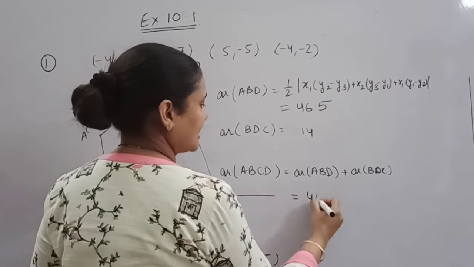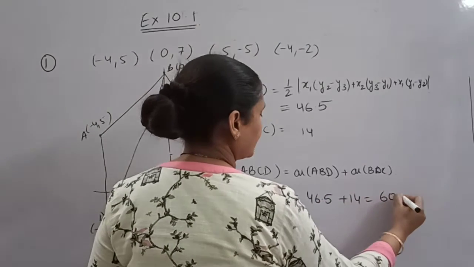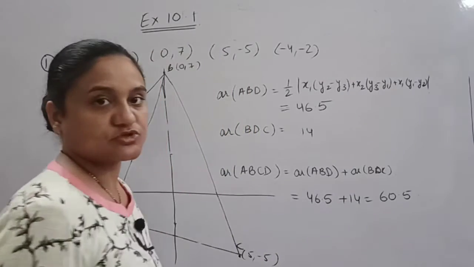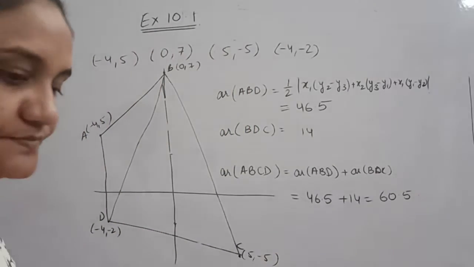We will add this value, 46.5 plus 14, that is equal to 60.5. So area of the quadrilateral will be equal to this.